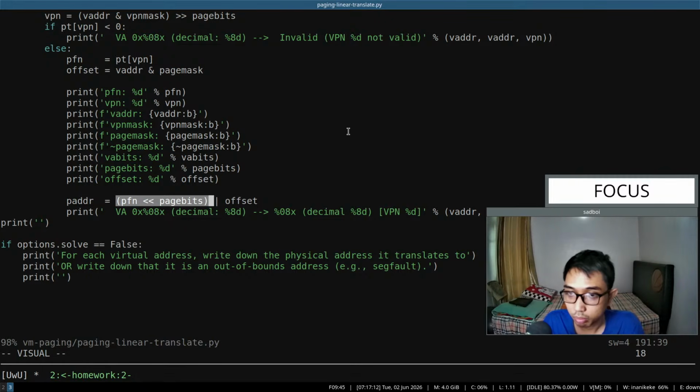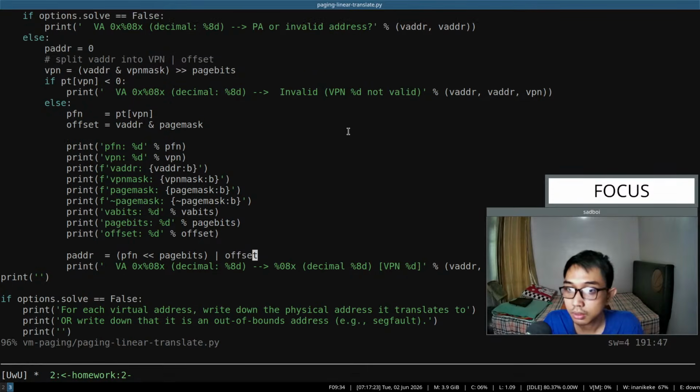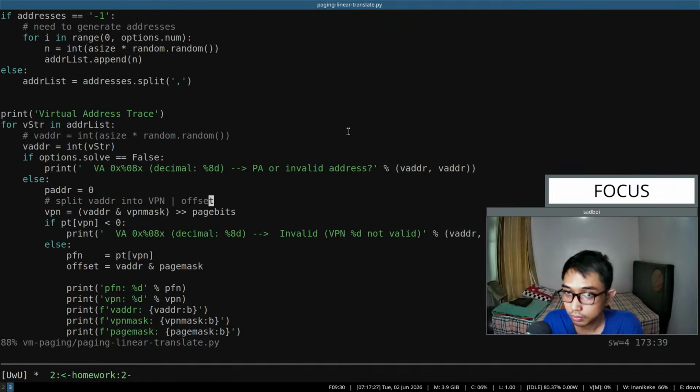Basically, we get the base address and then adding the offset with the OR bitwise operation here. Alright. Okay.